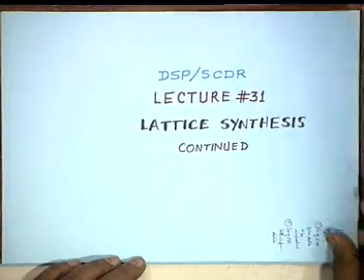This is the 31st lecture, and we continue our discussion on lattice synthesis. In the 29th and 30th lectures, we talked about IIR realizations, various forms: direct, cascade, parallel.